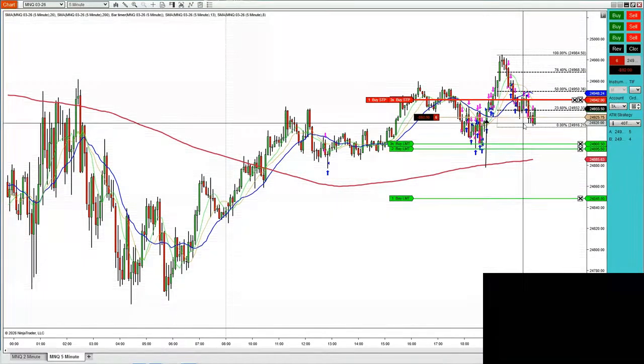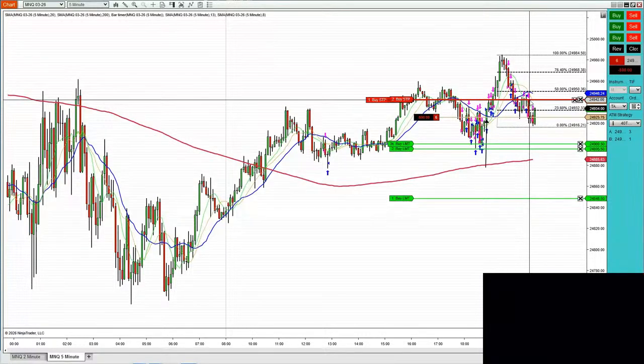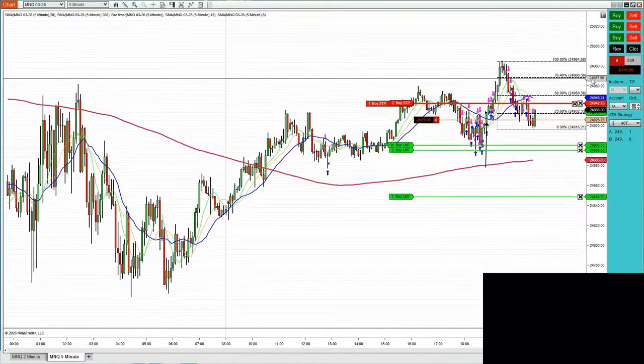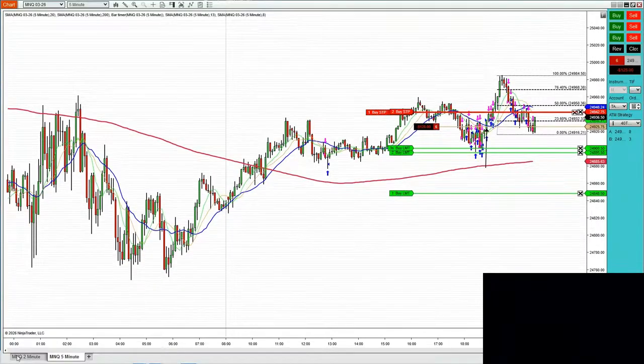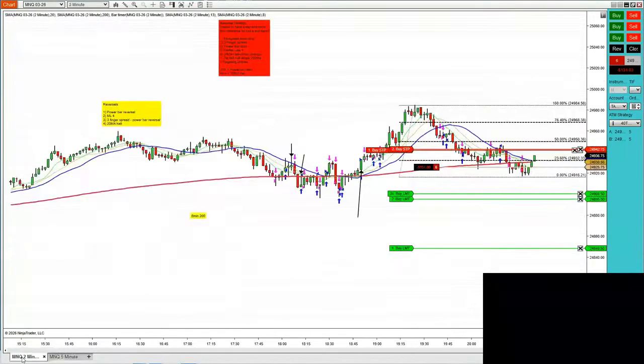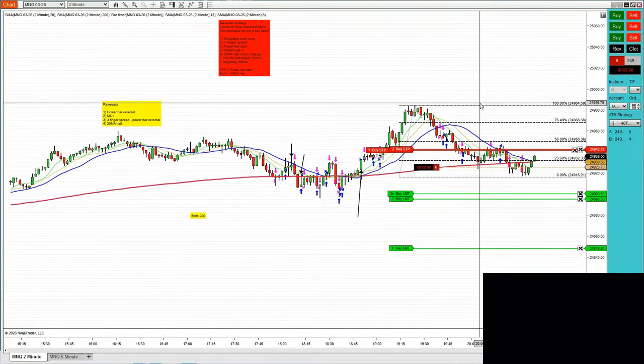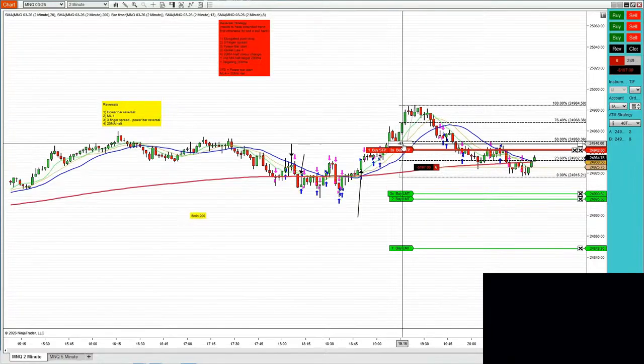So the 5-minute short did get triggered, so we just want this spot to hold. And what I think I'll do is I'll just move the stop loss just above that line.